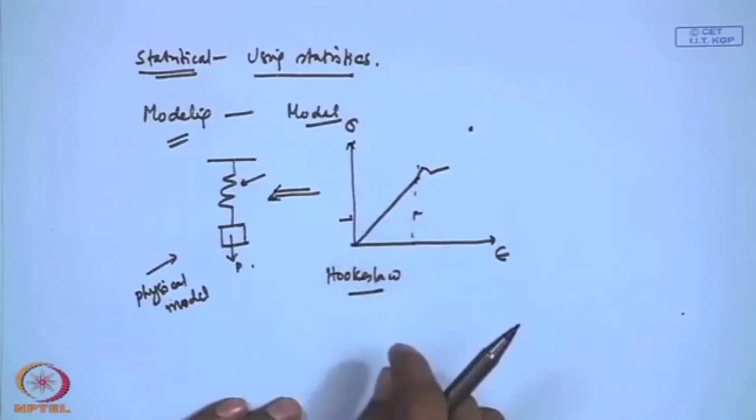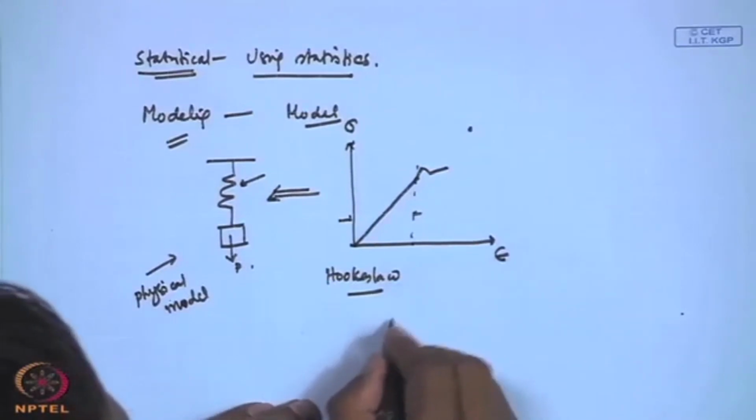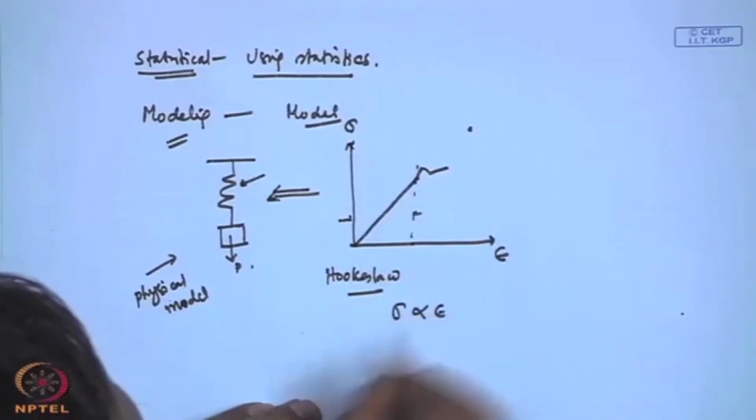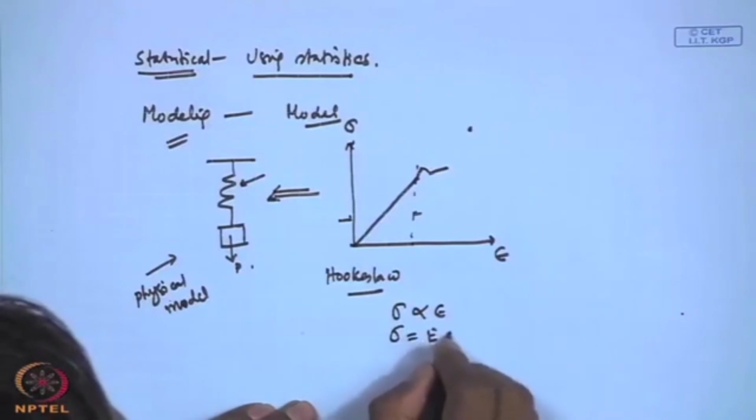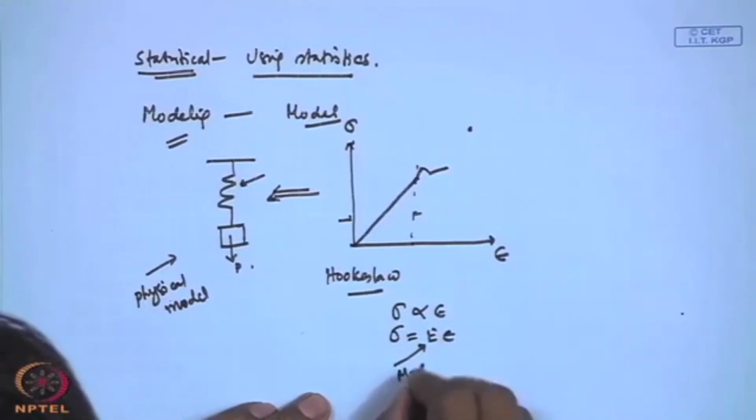There is another concept called elasticity. So, what we have all seen there is that sigma varies as epsilon. So, sigma is E epsilon, where E is the Young modulus or modulus of elasticity.